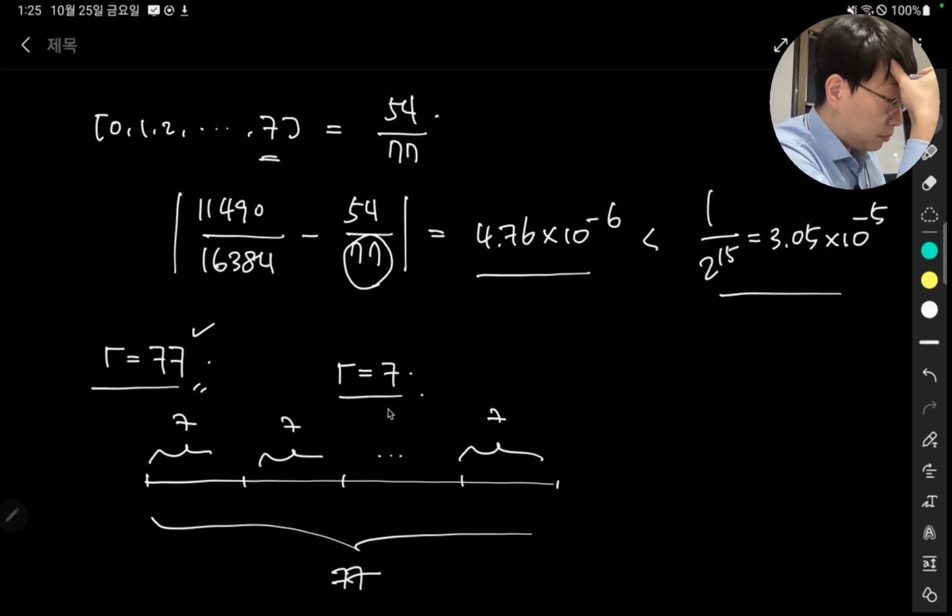That means the actual period is 7, right? Instead of 77, it's actually 7. So you need to take the measurement sufficiently many times so that you get the exact period of the periodic function f here.